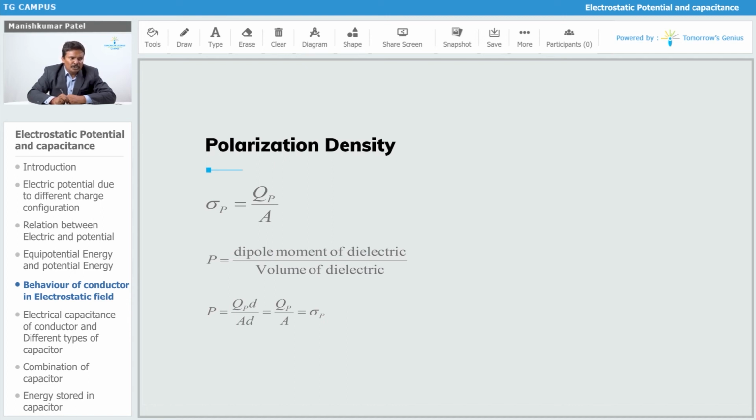So the polarization is the same as the surface charge density, where we said that polarization is the dipole moment forming per unit volume. The volume of that dielectric is A into d, and the dipole moment is Qp into d, which gives the value of the polarization density.